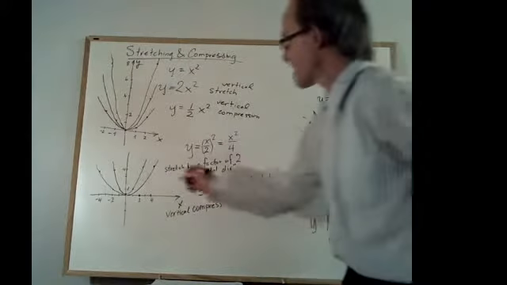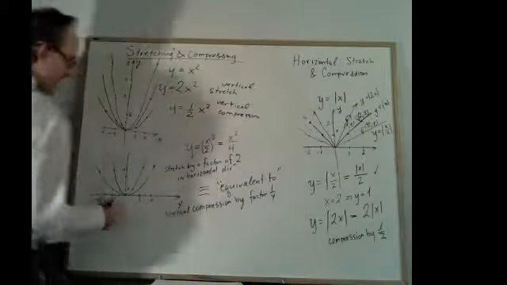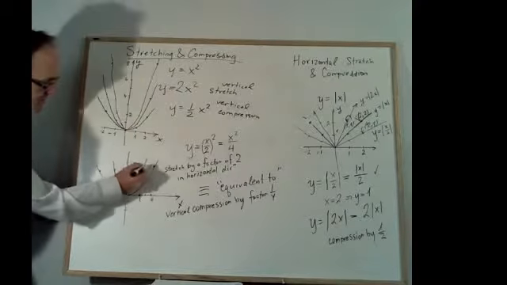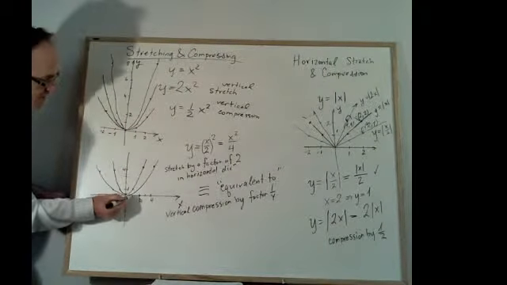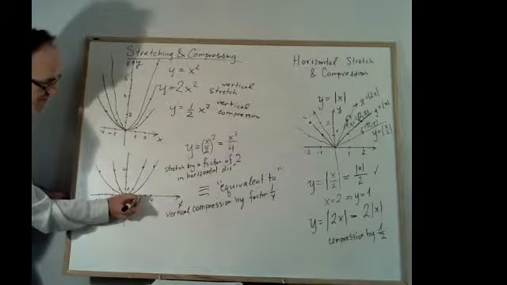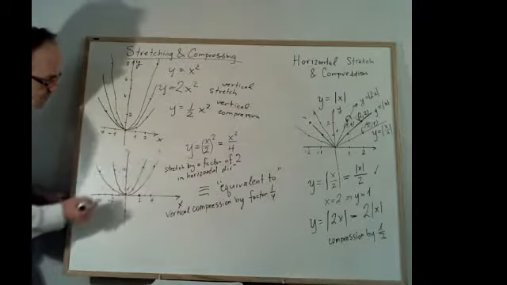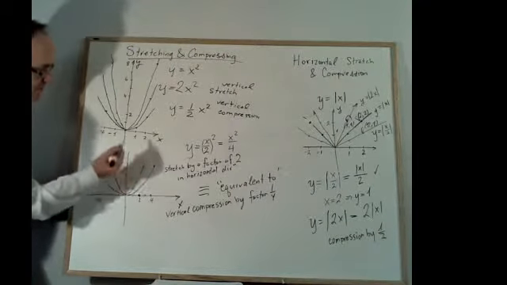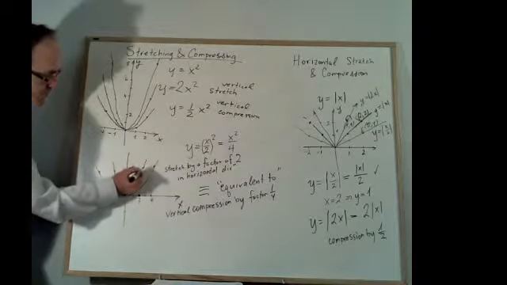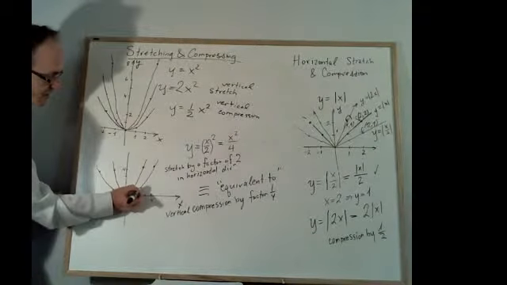Okay, it makes sense? Because you take this point, say, then the x coordinate is 2, sorry, the y coordinate is 4. And you compress in the y direction by a factor of 4, so y goes from 4 down to 1.